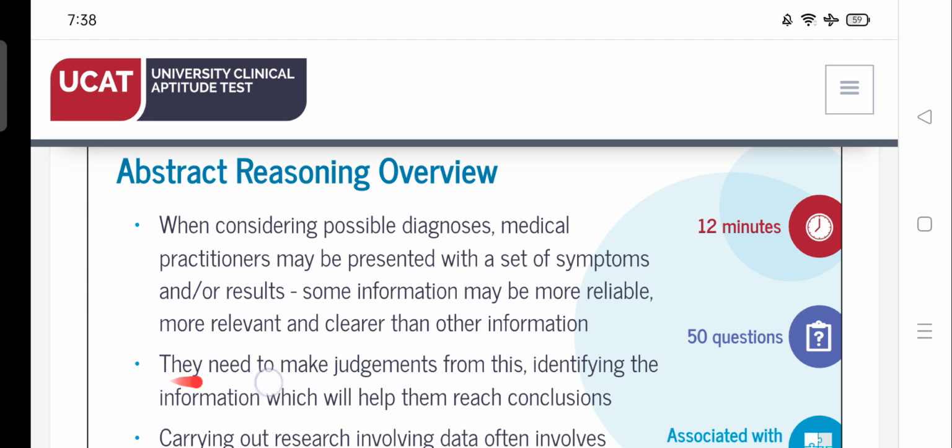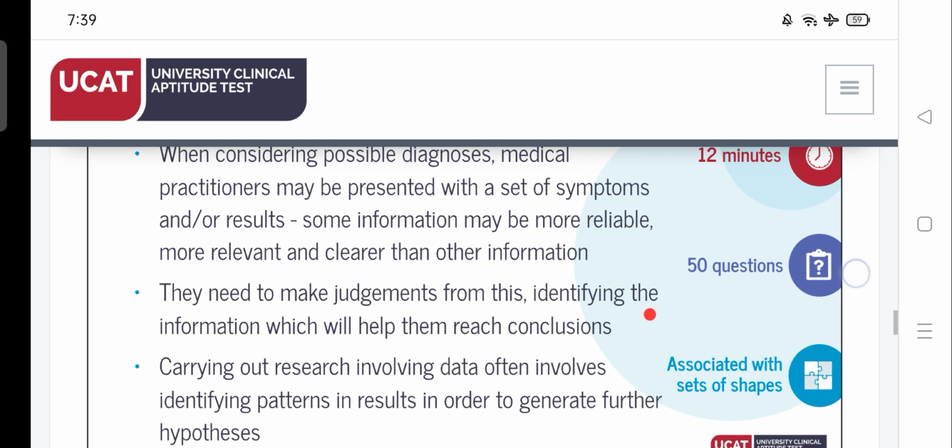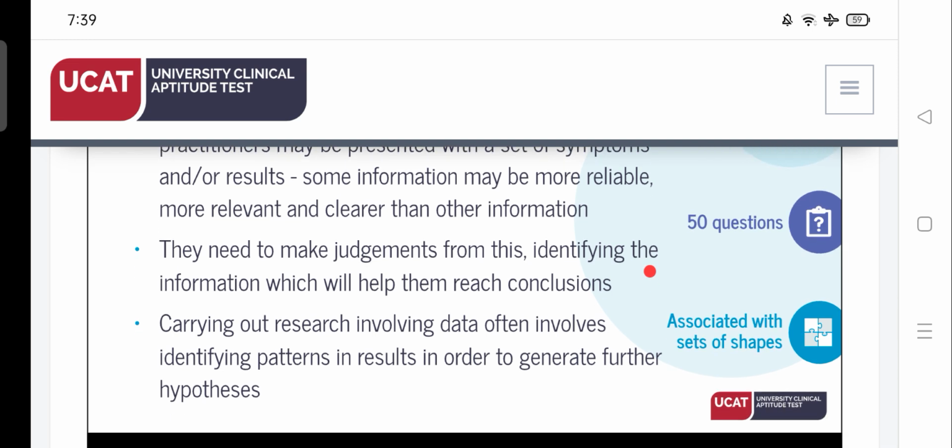They need to make judgments from this, identifying the information which will help them reach conclusions. Carrying out research involving data often involves identifying patterns in results in order to generate further hypotheses.